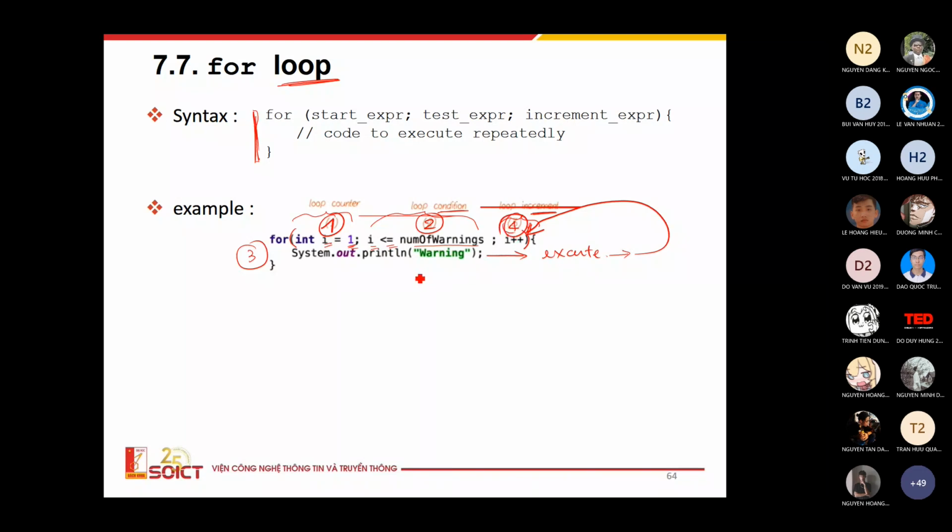Nhớ nhá, lúc mà cái for này nó thực hiện thì nó lại thực hiện theo thứ tự là gì? Cái loop counter này là cái câu lệnh thực hiện đầu tiên này. Sau đó là đến câu lệnh kiểm tra điều kiện, loop condition này. Nếu điều kiện này thỏa mãn thì khối code block này được thực hiện này. Code block này thực hiện xong mới tăng cái y này lên 1 nhá, mới là thực hiện đến cái loop increment này nhé. Vì vậy nó phải thực hiện như vậy thì cái y này nó tăng mới đúng, chứ các bạn không được phép là thực hiện 1, thực hiện 2 xong rồi tăng luôn y lên rồi mới thực hiện cái 3 thì là sai nhé. Thứ tự thực hiện sẽ là như vậy nhé.